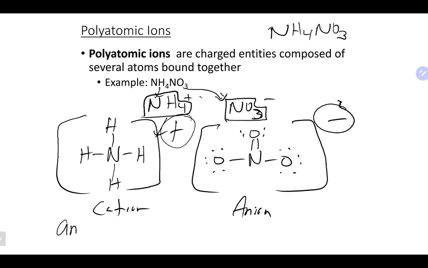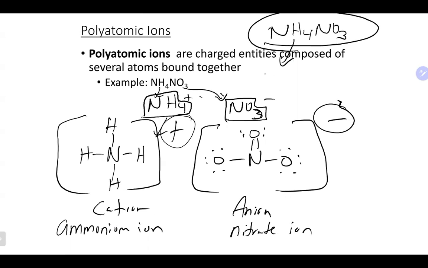This is what is known as the ammonium ion, not to be confused with ammonia, which is NH3, no charge. So this is NH4 plus, which is ammonium. This is the nitrate ion. When we put them together, we use the whole name of each, which is ammonium nitrate.